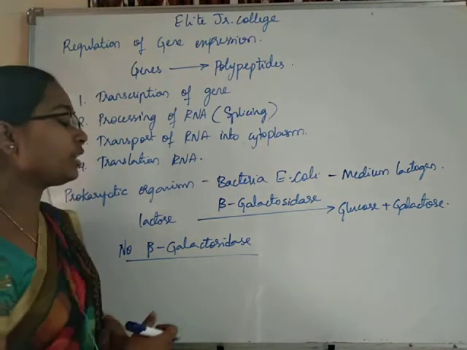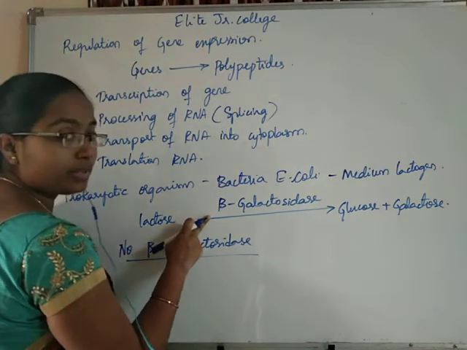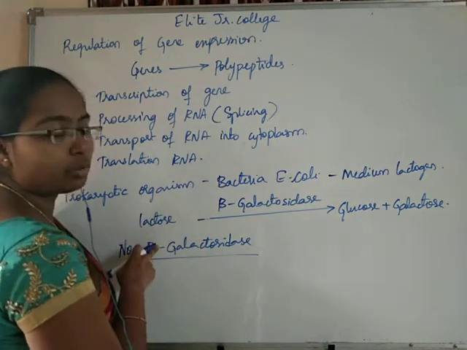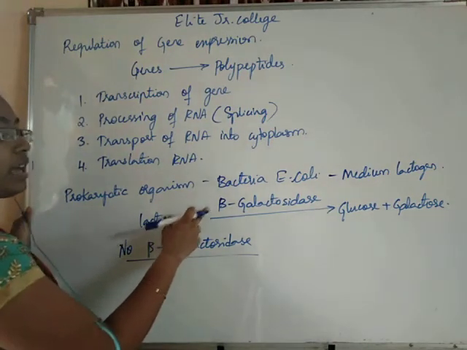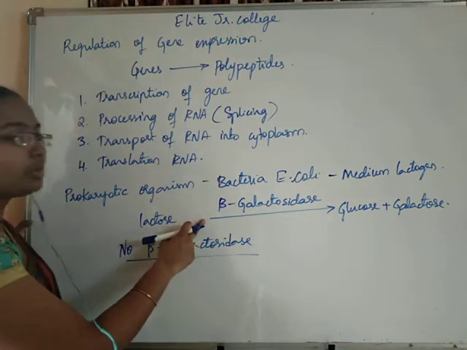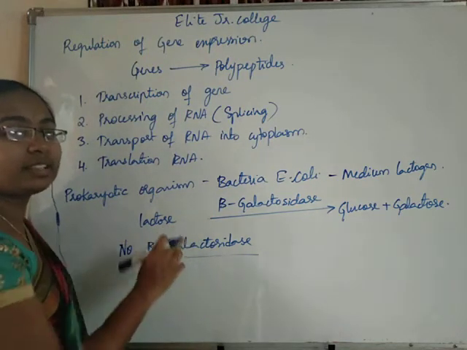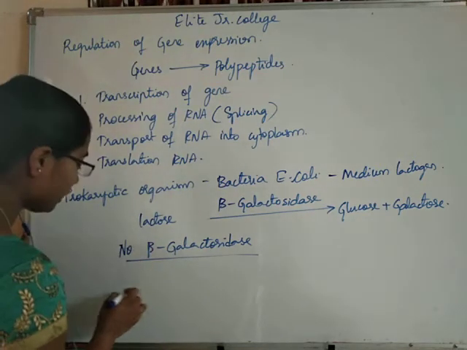So here students, that means it is indicating that this enzyme beta galactosidase is formed only when it is required, right. That means the gene for beta galactosidase is expressed only when it is required. So gene expression is also regulated by this.